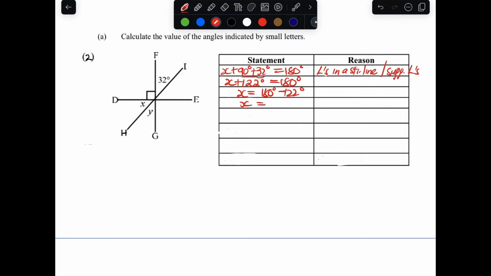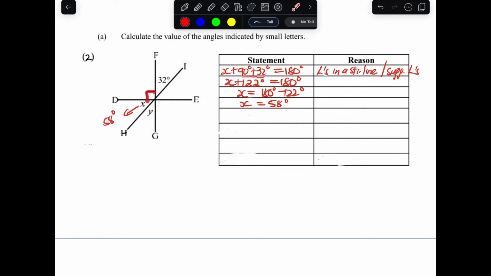So the answer here is going to be 58 degrees. So x here is 58 degrees. We found that angle. So now we are left with y. In order to get y, we can use the same, which is the supplementary angles or angles in a straight line, or we can use the complementary.